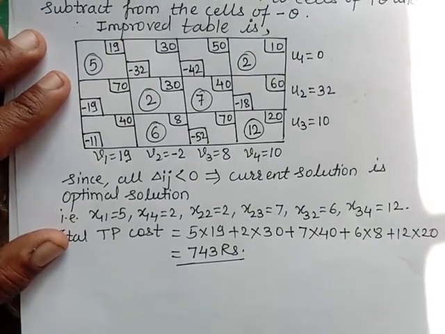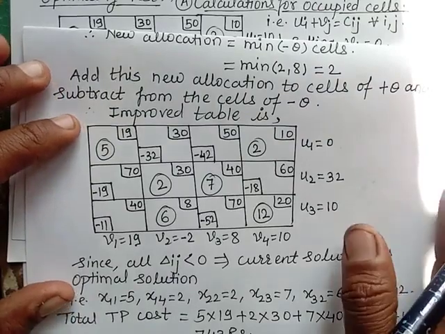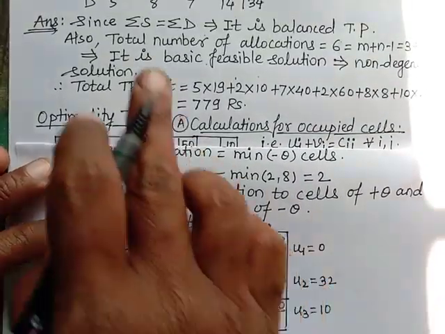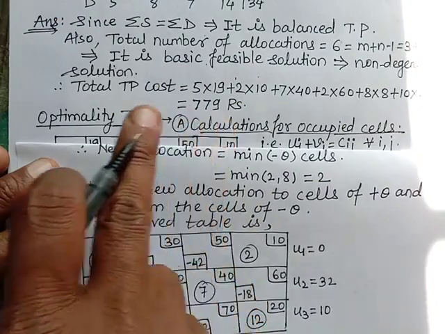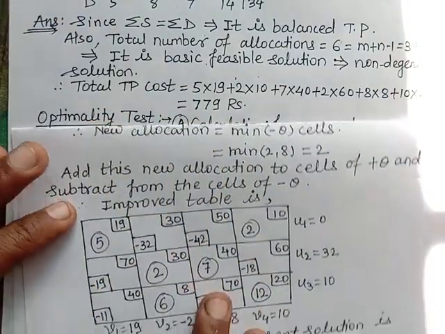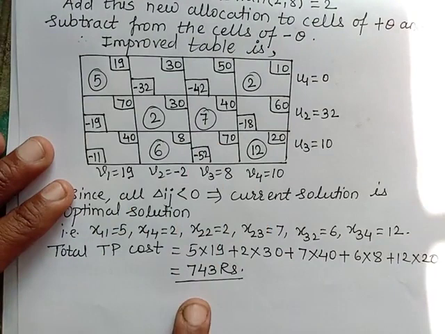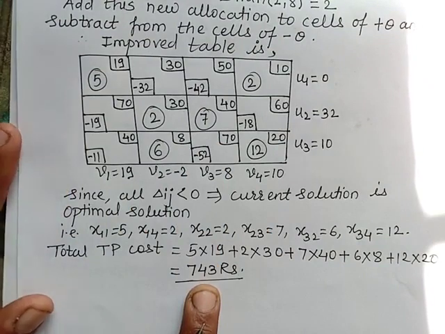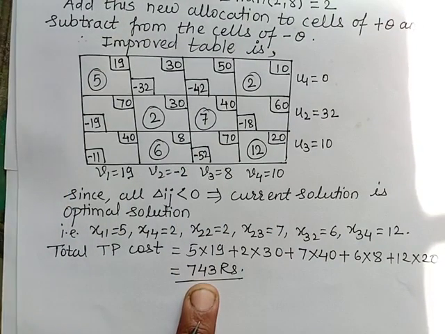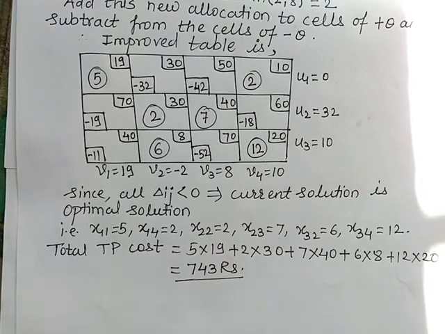Now if you remember, first of all we had determined it for the given solution, it is 779 rupees. While obtaining the optimal solution, the cost decreases. So it is now 743 rupees. So as such we can solve the transportation problem and we can check the optimality test. We can find a new improved solution.